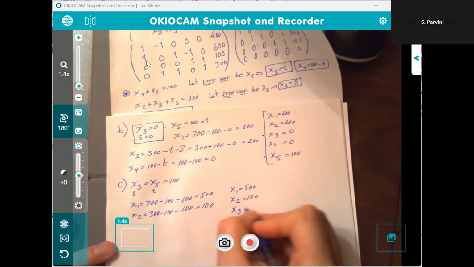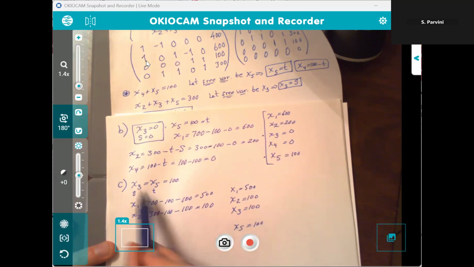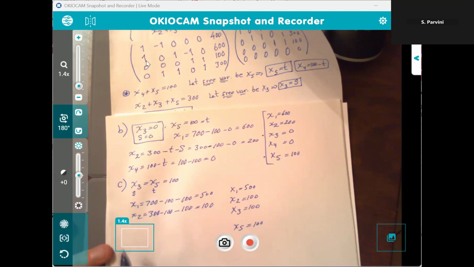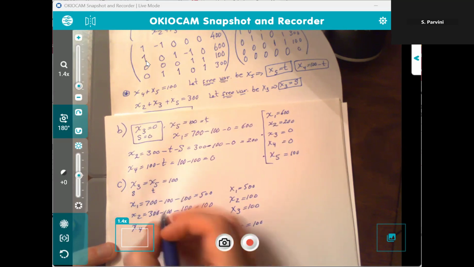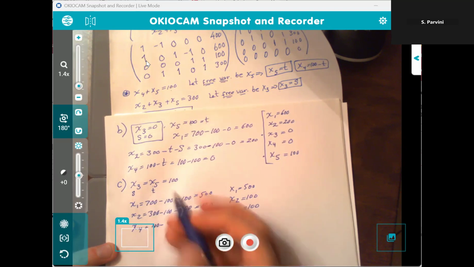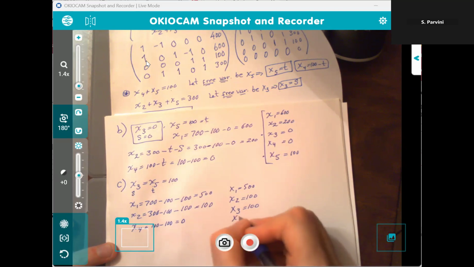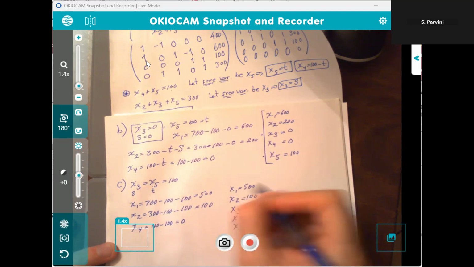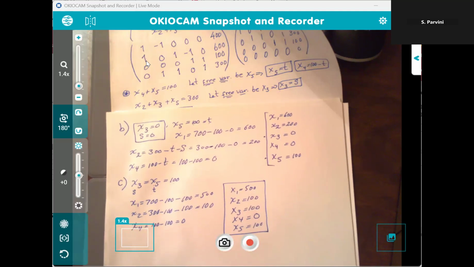X sub 3 was given to be 100. X sub 5 was given to be 100. Those were given from the statement of the problem. And x sub 4 is going to be 100 minus t. That's 100 minus t is 100. And this time, x sub 4 is 0. And that would be the flow through that segment or that grid that we were looking at.